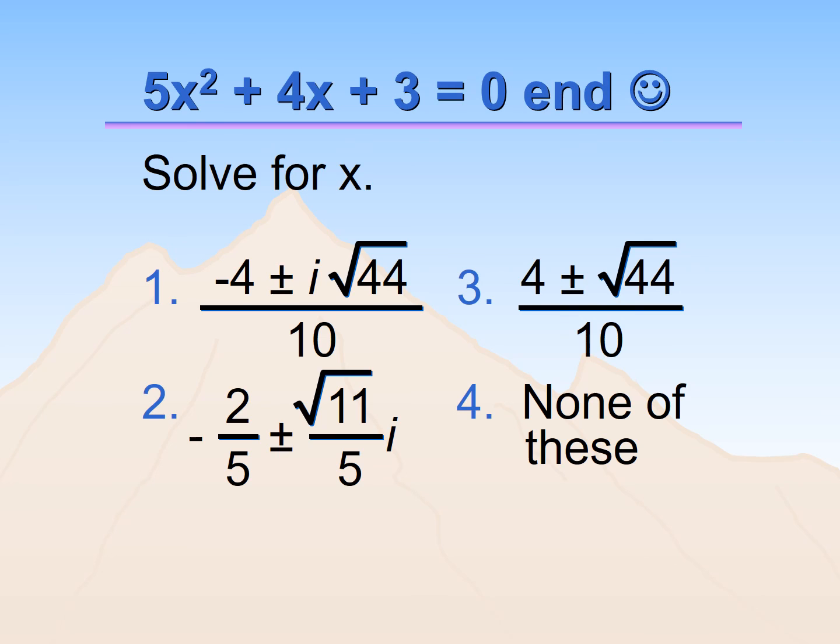And then that 2 over 10 reduces to just the square root of 11 i over 5. So we end up with option number 2.